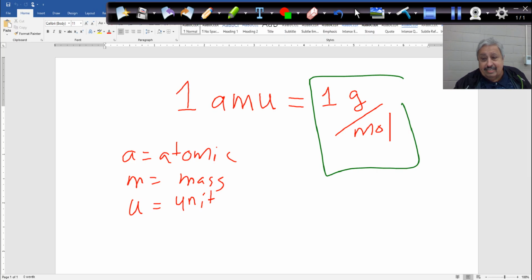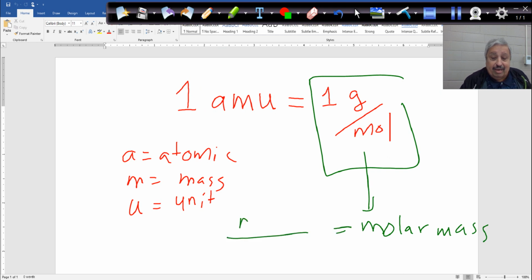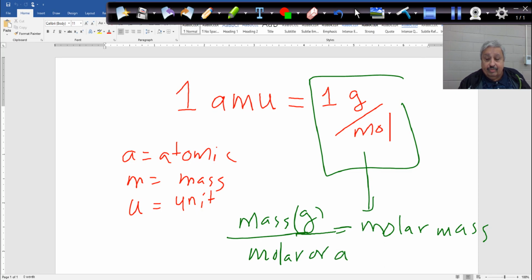This is a molar mass. Why is it a molar mass? Because it is a ratio between mass in grams and moles, gram per mole. That's what you have as the molar or atomic mass.